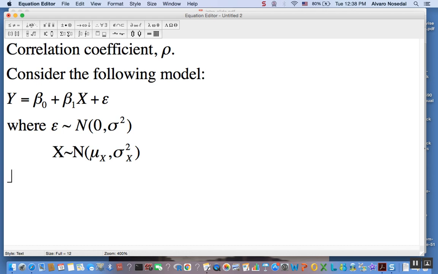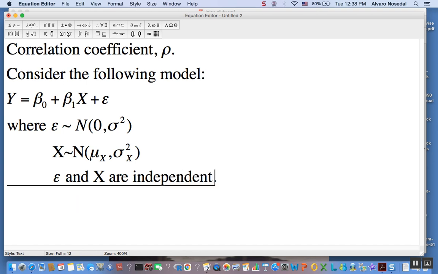Another important assumption here will be that these two random variables, epsilon and x, are independent.